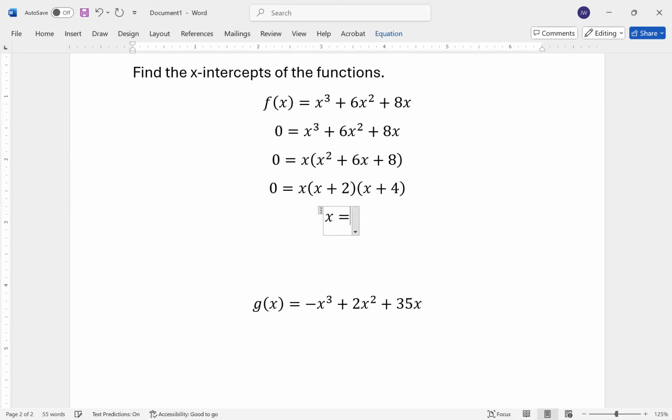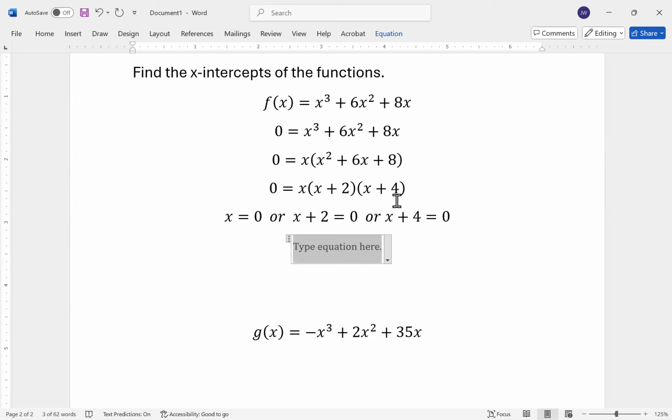And now we are at the place that we were earlier. And we can say, well, that means x has to be 0, or x plus 2 has to be 0, or x plus 4 has to be equal to 0. This gives me 3 solutions for this equation, which gives me 3 zeros or 3 x-intercepts.